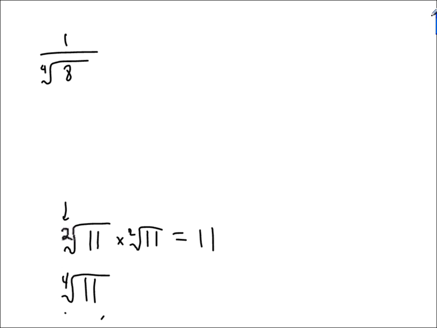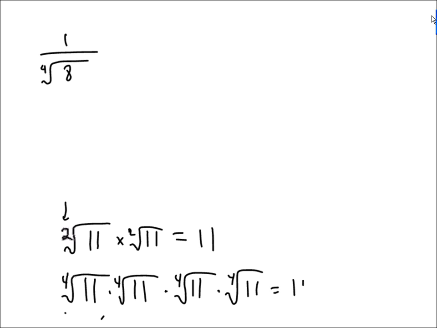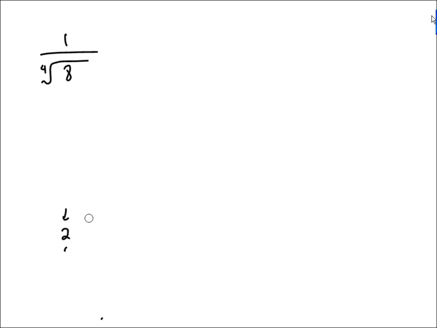That is, if I multiply the 4th root of 11 by itself, not 2 times, not 3 times, but 4 times, I get 11 back. That's what the 4th root of 11 means. It's that special number that when you multiply it by itself 4 times, gives you back 11.